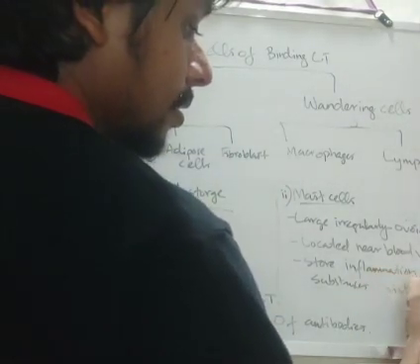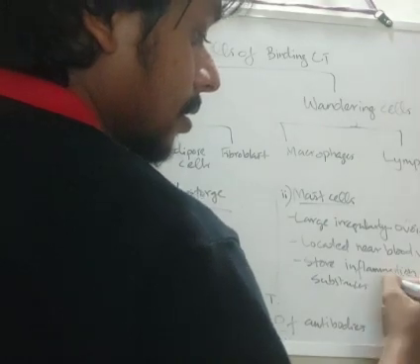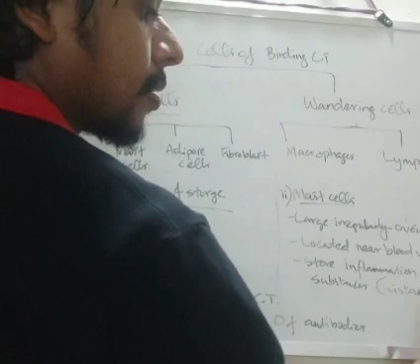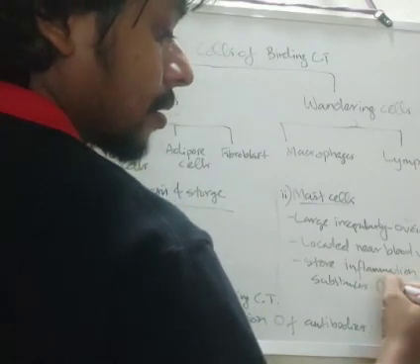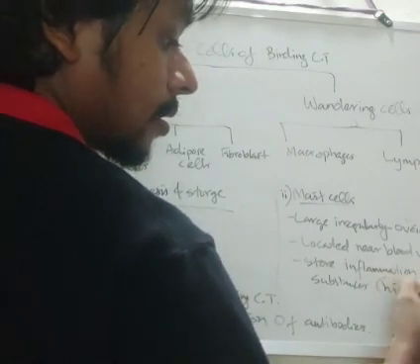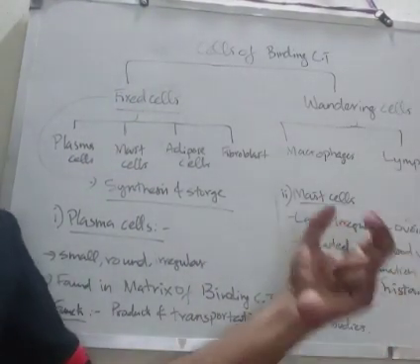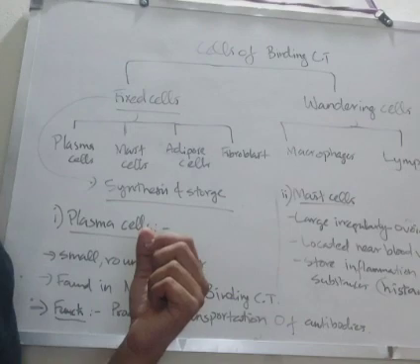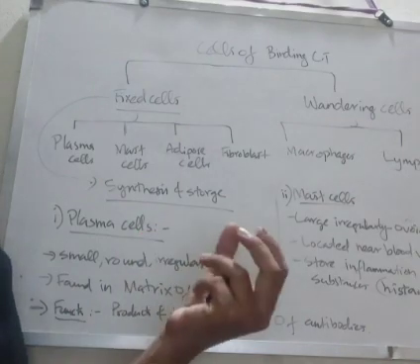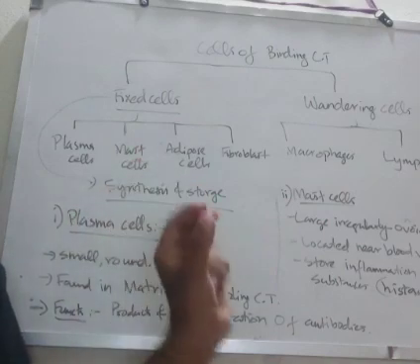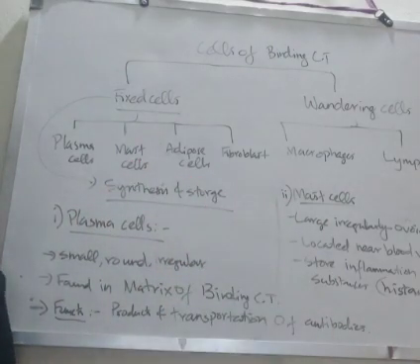So histamine is stored in dense granules in mast cells. And histamine helps in body defense by attracting phagocytes to injured tissue.